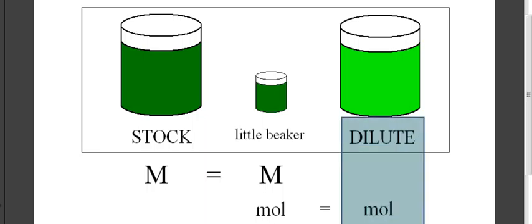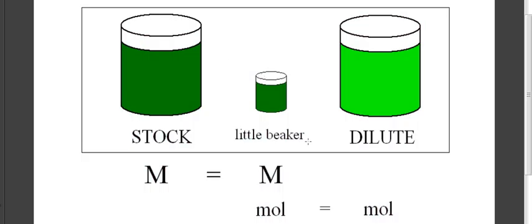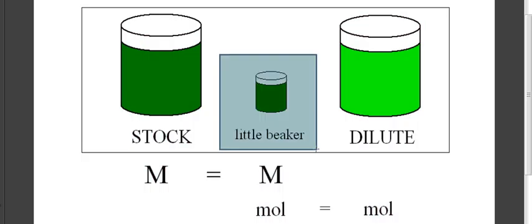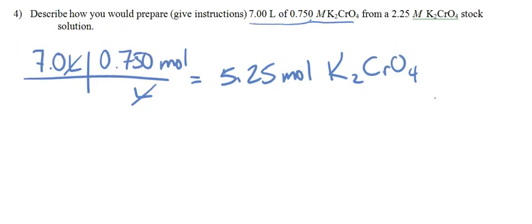So now I know how many moles I actually have in my dilute solution. That's important. Because now I'm going to measure from the stock what volume I need to get that number of moles. Pretty cool. I know the moles, and I actually know the molarity of my stock, so I'm going to figure out what volume of stock I need to make this dilute solution.